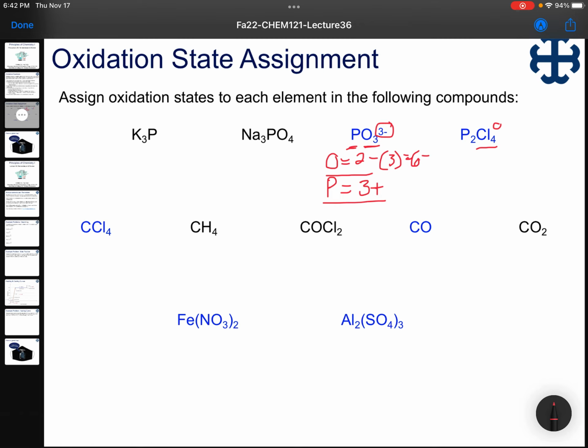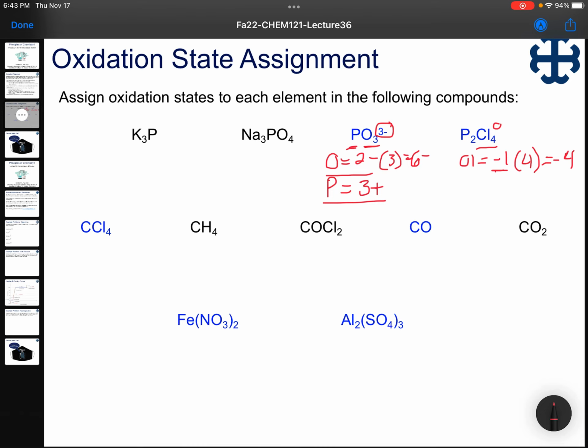And based on what we know, chlorine should always have a charge of -1 when that is the first rule we encounter. So Cl will be equal to -1, and we have 4 of those, which gives us a total negative charge of -4.